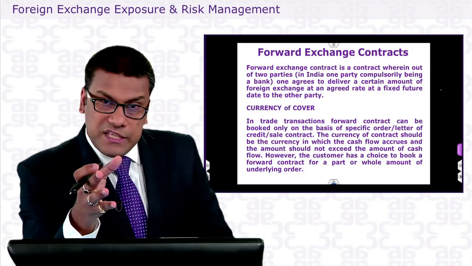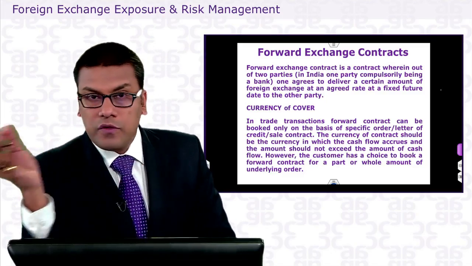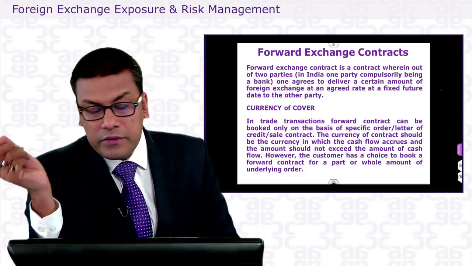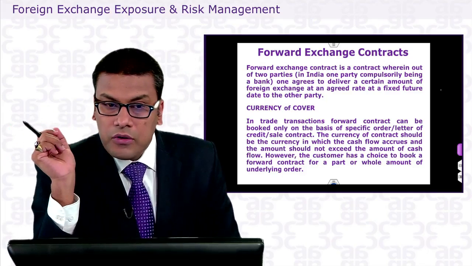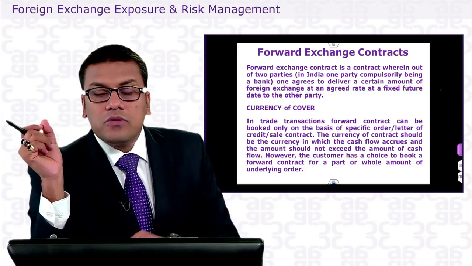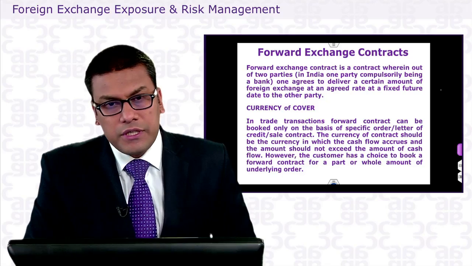Okay, one party is a bank. So bank with customer, a customer can do a forward purchase, can do a forward sell. Okay, a bank could enter with another bank into interbank market dealings, or a bank could enter with an overseas bank to, okay, take care of requirements of international exposures. So such type of transaction is what we talk of when we say it's a forward exchange contract.